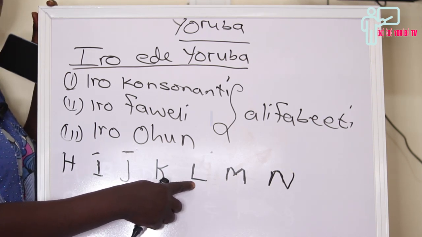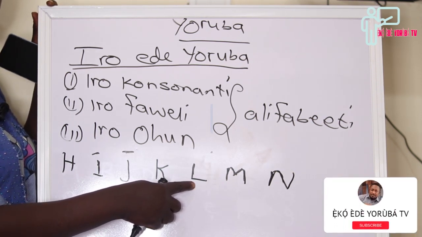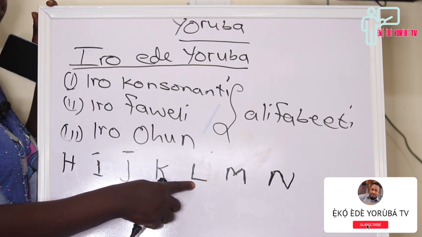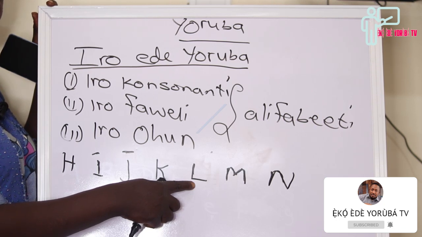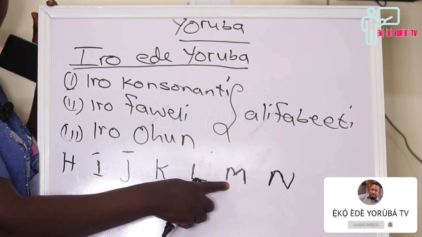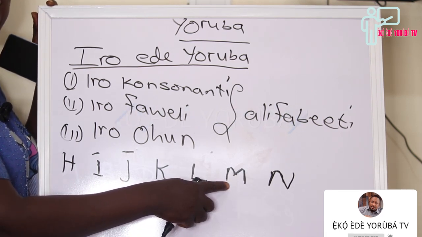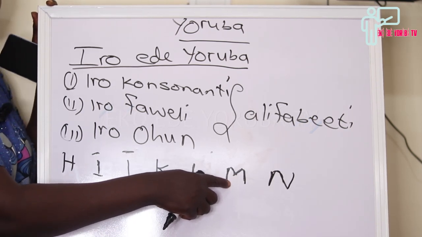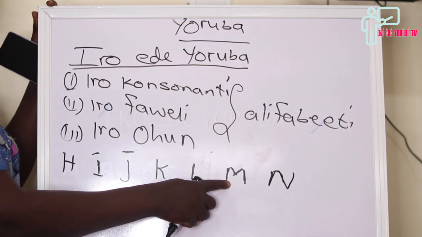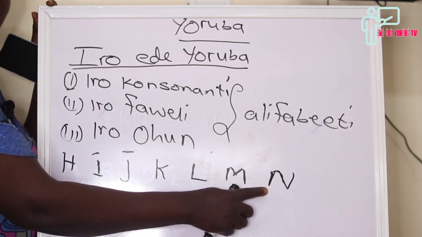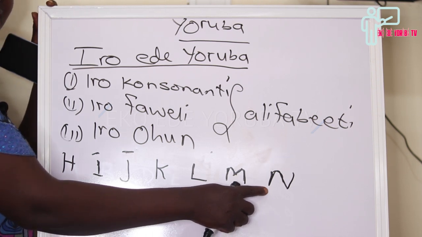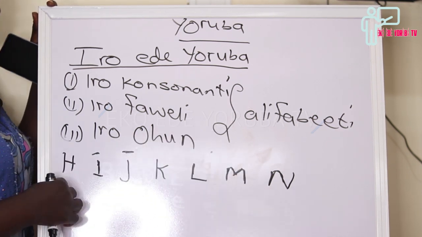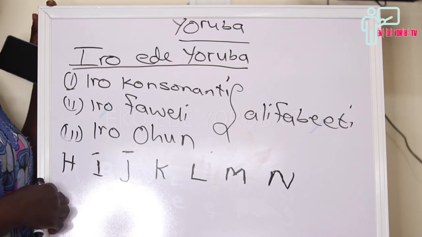Letter L. We call it li. Call it again. Li. Letter M. We call it mi, mi in Yoruba. This is N. We call it ni. All this one, they are all capital letters.